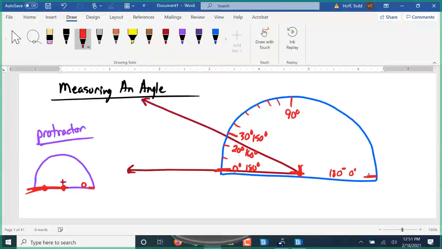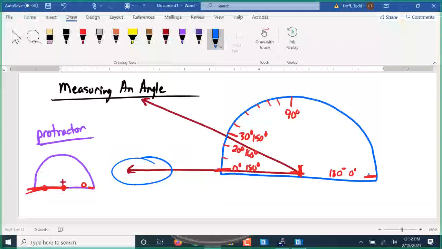The reason is, depending on which side we are using as our 0 point, here we've put this side of the angle on the 0 on the left side here. Depending on which side, we would use one set or the other. If I had the 0 side over here, I would use the different set of numbers.